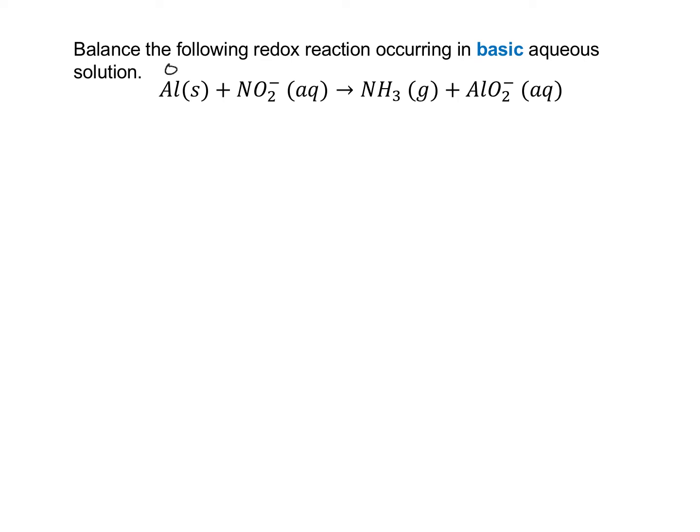So I've got 0 for that aluminum, plus 3 for that nitrogen, minus 2 for those oxygens. Now minus 3 for that nitrogen. Hydrogen will be plus 1, aluminum plus 3, and oxygen minus 2.